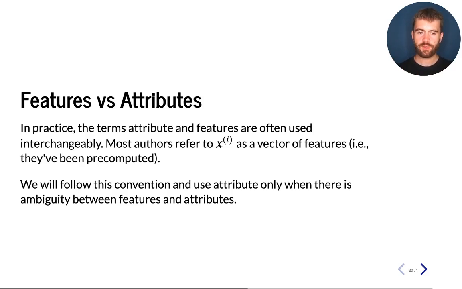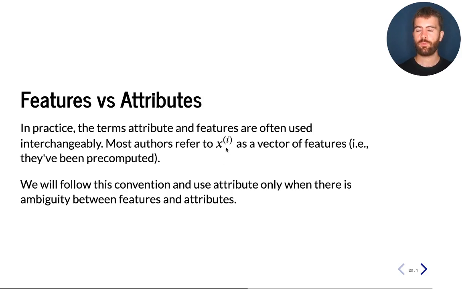This is the technical definition, but often in practice when people talk about machine learning, they use the two terms somewhat interchangeably, and often people also use features when they actually mean attributes. And when we see an object X, we often call this a vector of features.